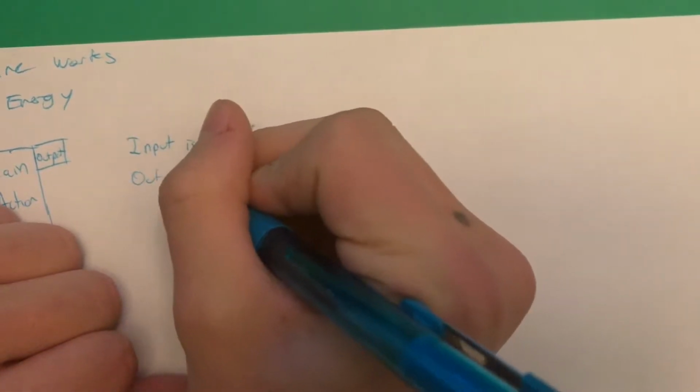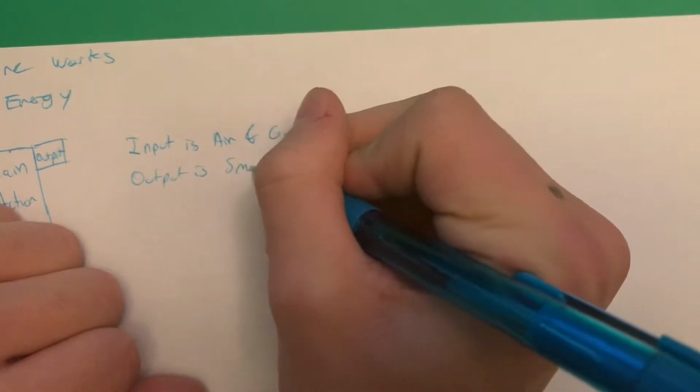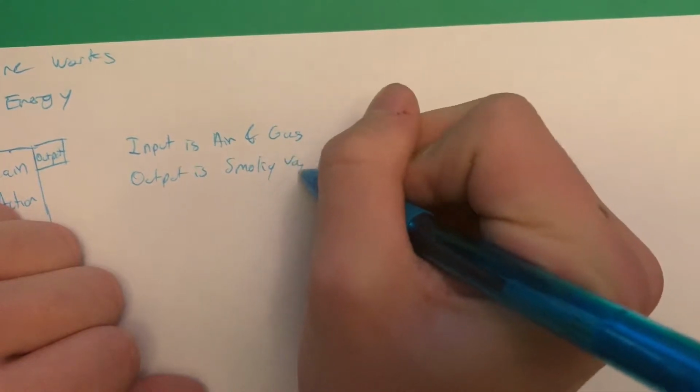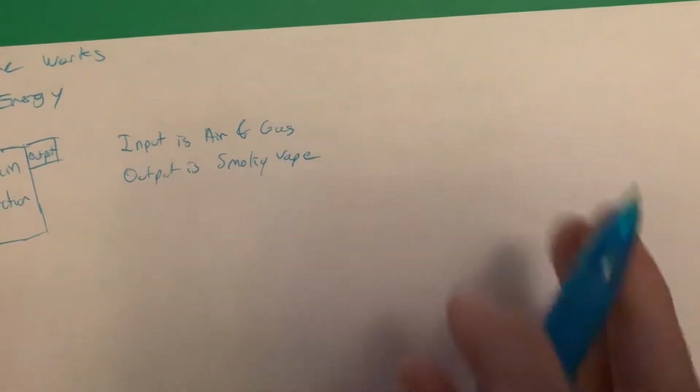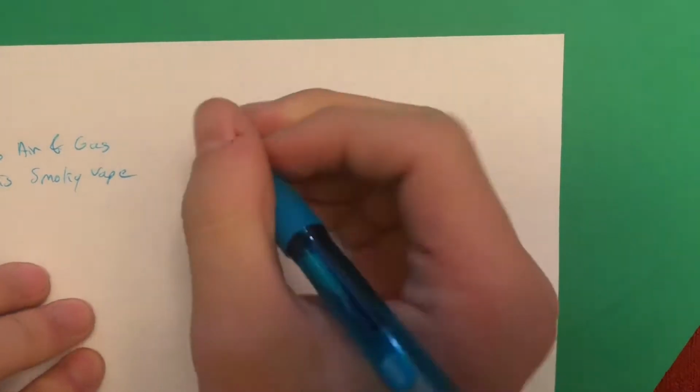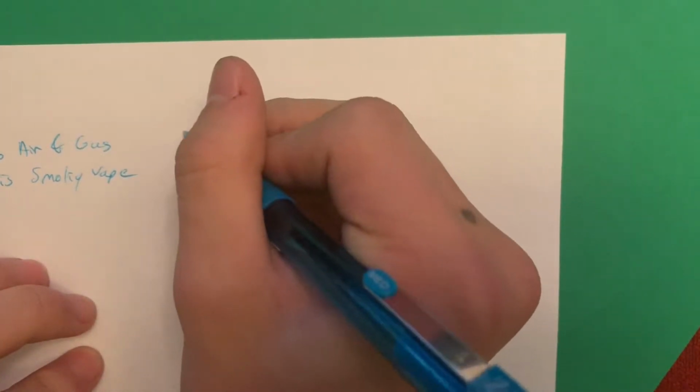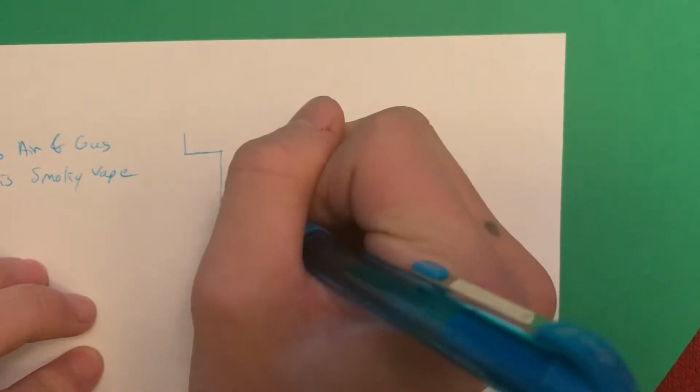So input is air and gas, and then the output is like smoky vape. There are multiple steps to the process of converting this air and gas mixture into energy and smoke.